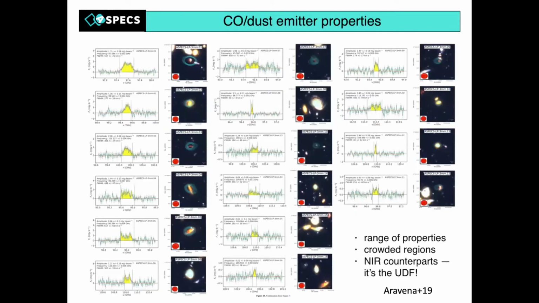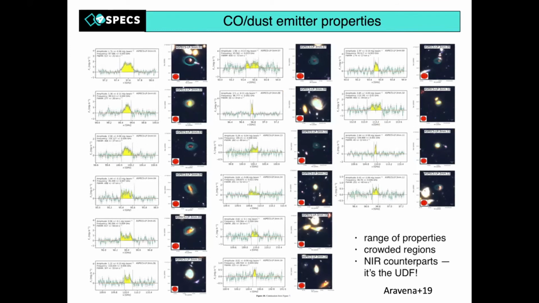So here you can see a showcase of some of the brightest CO detections and dust emitting detections. You can see that the galaxies that we're detecting span a very wide range of properties.